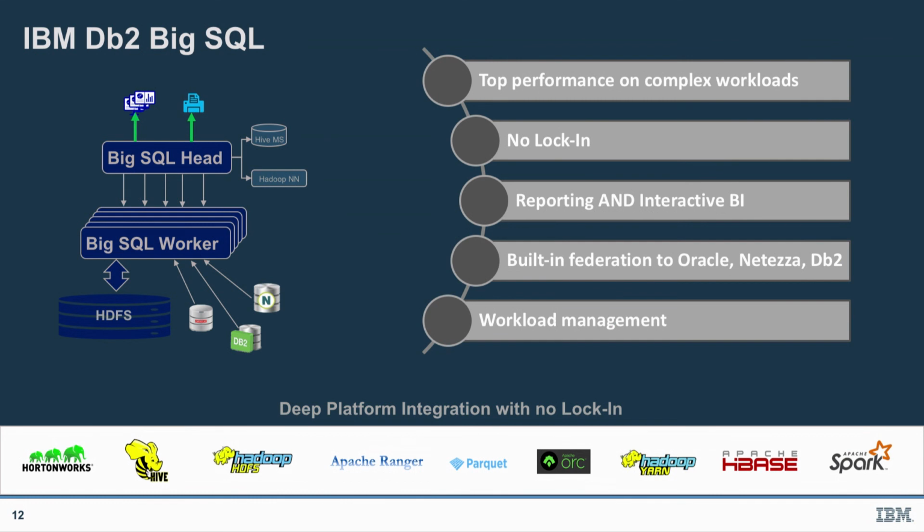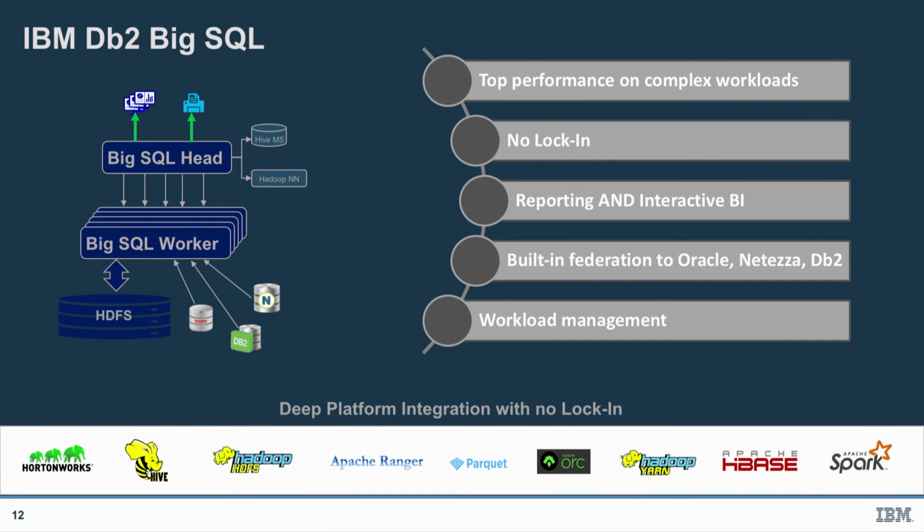Because it has materialized views and indexing and columnar storage and so on, it can support both reporting and interactive BI workloads. On top of that, there is built-in federation, so you can run queries not only on your HDFS data, but on a combination of HDFS data and data that is sitting in your legacy warehouses.